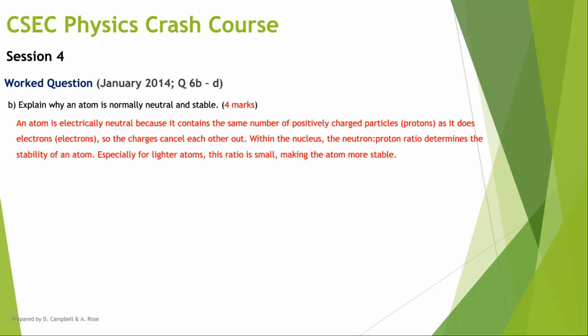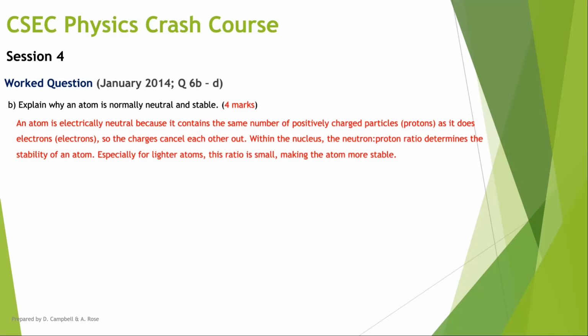Now, in everyday life, we would expect that atoms or particles in general tend towards stability. And that is why the more common forms of the elements tend to be stable. So we look at the neutron to proton ratio.